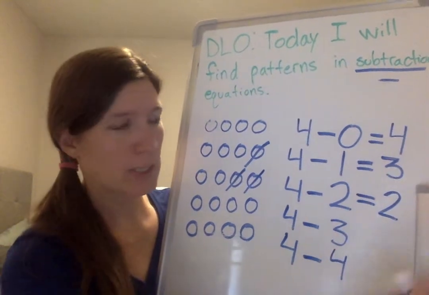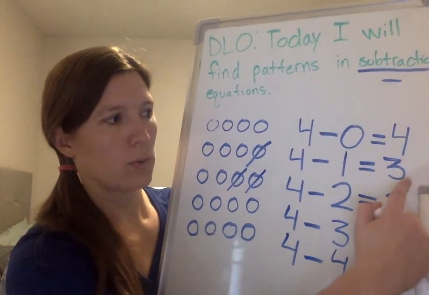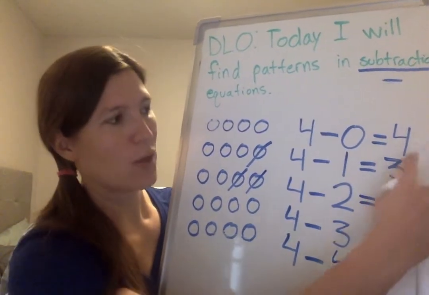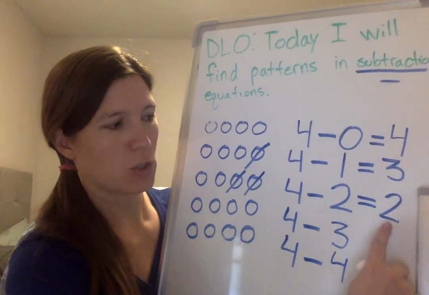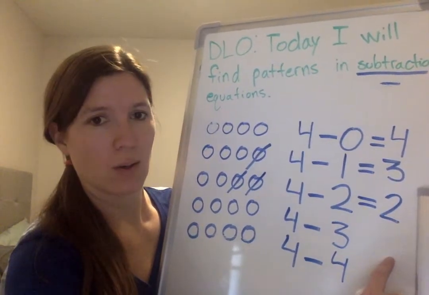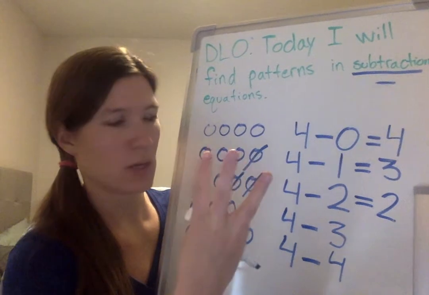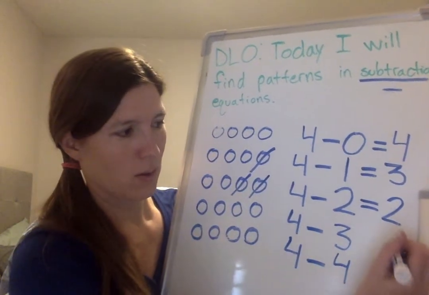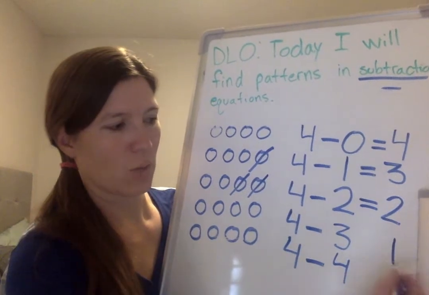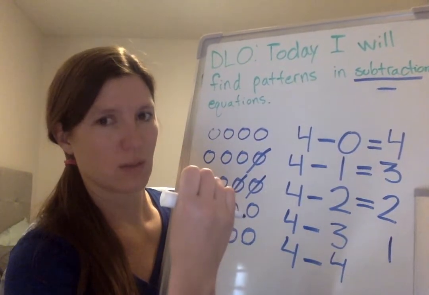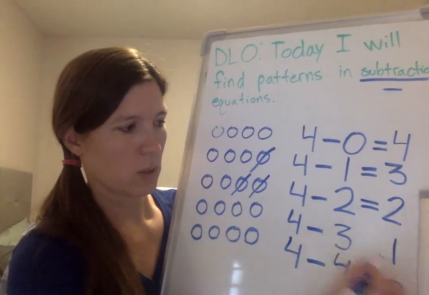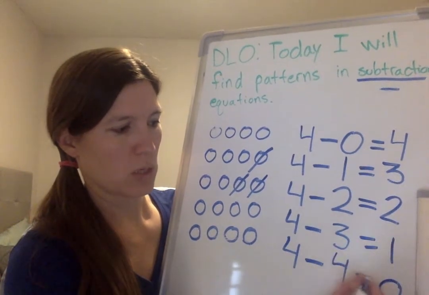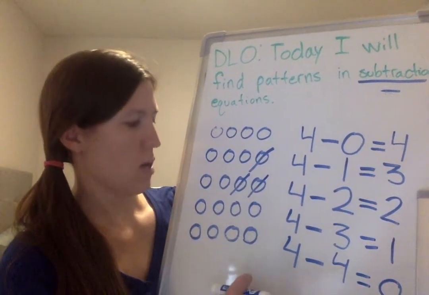Sorry, they're decreasing. 4, 3, 2. If I have 4, 3, 2, what's the pattern? 1. And then what is after 1? 0. And I need my equal sign in between each of these, and I better fill in my pictures that I have here.